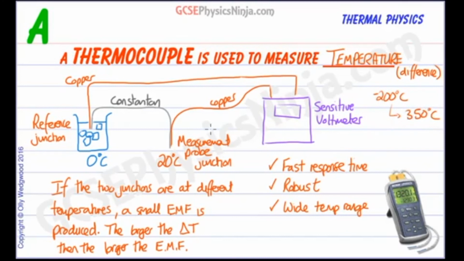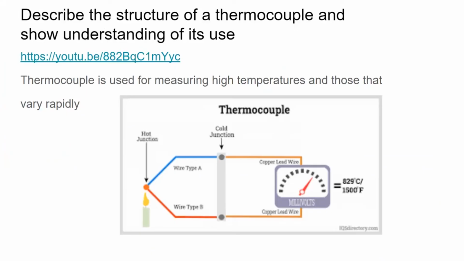And in fact, if you use different metals, then you can get a range of temperatures which can go from minus 250 degrees Celsius all the way up to 2,500 degrees Celsius. Now that would be jolly useful in a lot of industrial applications when you need to measure huge temperatures. And that's the thermocouple. Thermocouple is used for measuring high temperatures and those that vary rapidly.